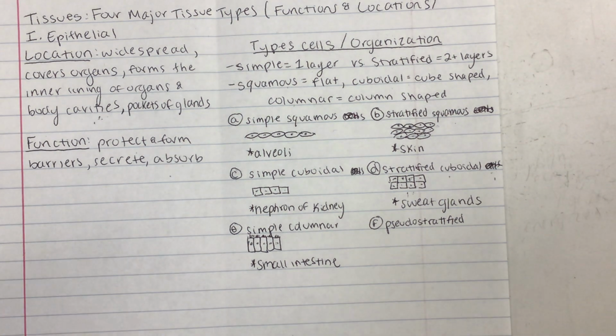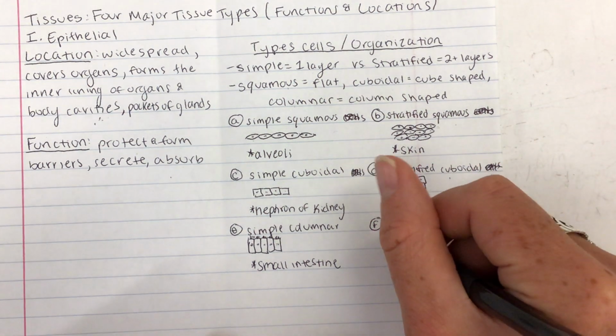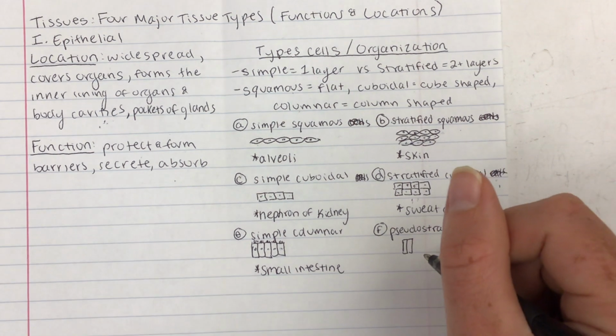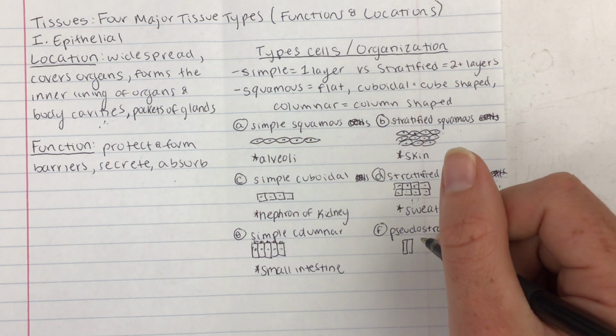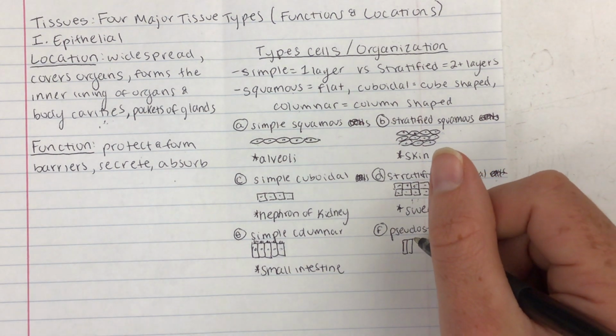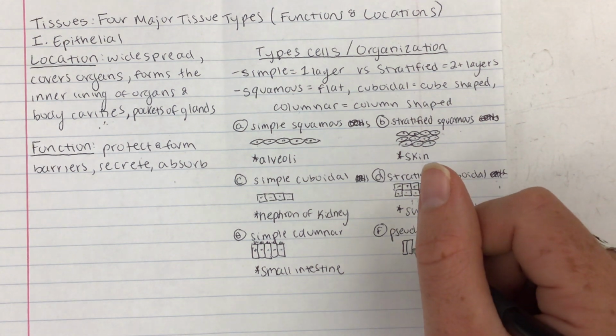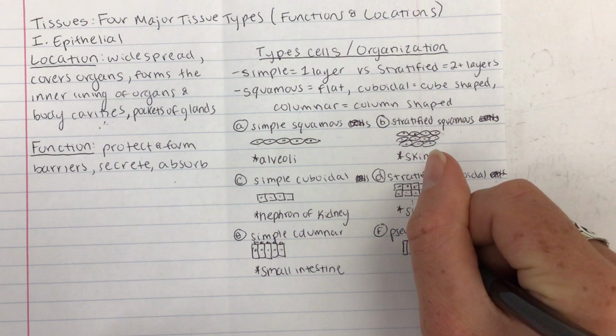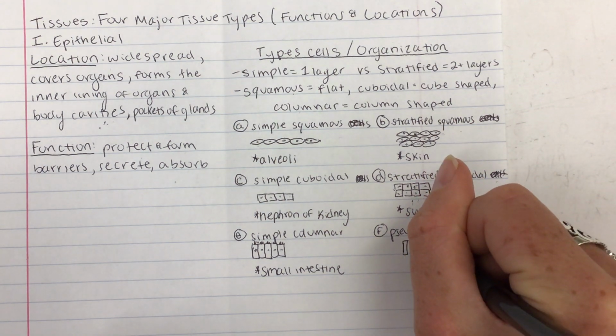So they're columnar cells, but they're not quite. And so the difference here is with the nuclei. Okay. So it's only a single layer of cells, but the location of the nuclei is going to make these cells look like there's more than one layer.